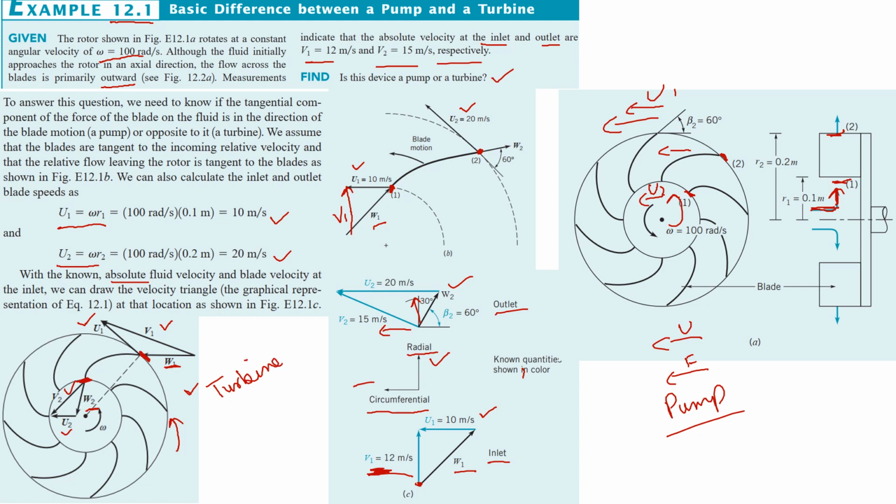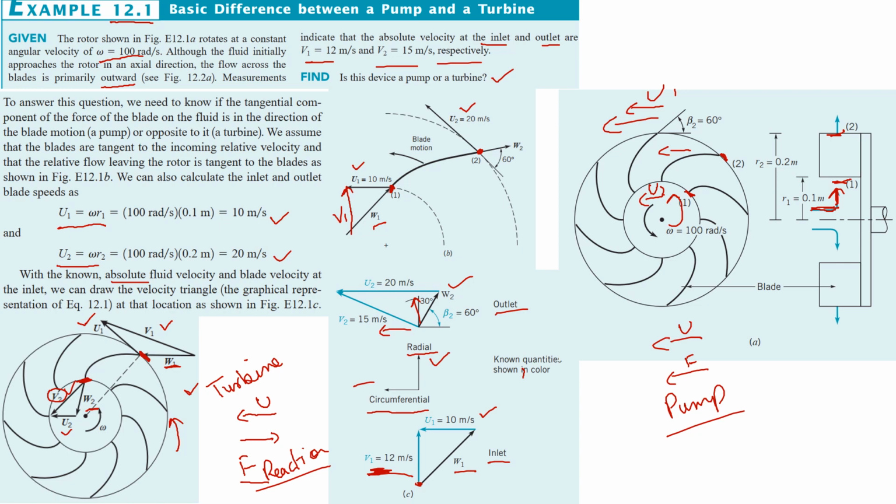This will be the scenario for a turbine in which the blade velocity u is in this direction, but the force applied to change the absolute velocity direction like this will be in the opposite direction. That will be the reaction of the blade, the reaction force applied on this blade, due to which the rotor is moving in this direction.